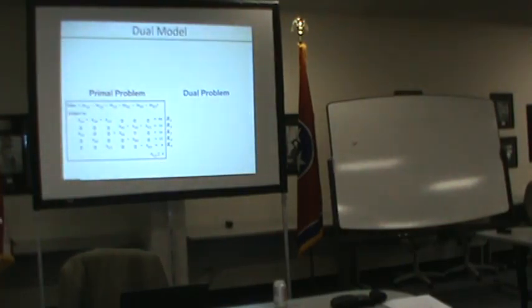I'm going to multiply R1 times 20, R2 times 10, K1 times 10, K2 times 12, and K3 times 8. That is a minimization problem. The primal is a maximization; this will be a minimization problem, and that's the objective function of the dual.